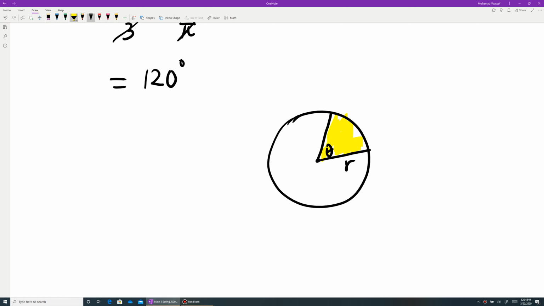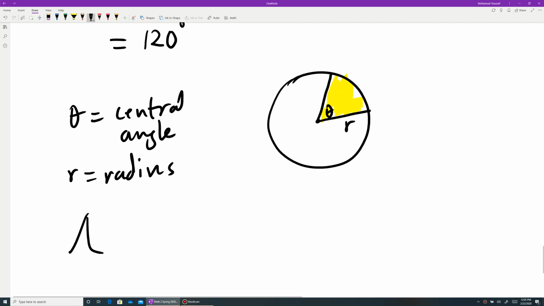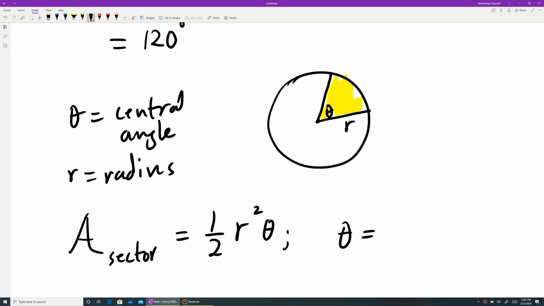This theta is the central angle, and r is the radius of the circle. To find the area of the sector, we use 1/2 r squared times theta. Theta must be in radians.